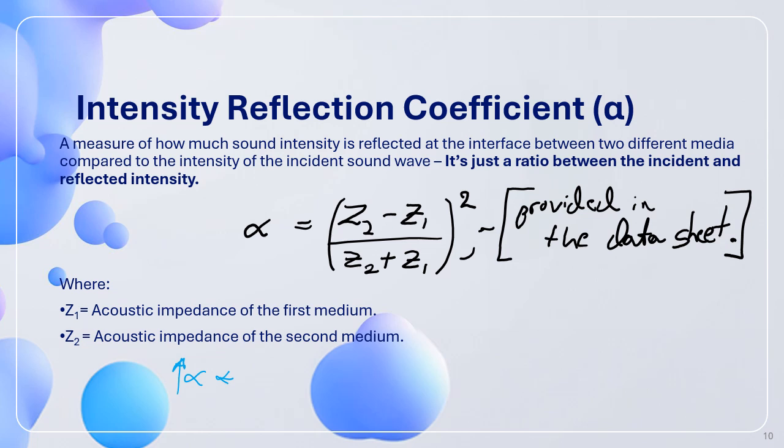It shows that most of the beam is going to be reflected off, and then a low value shows that most is transmitted through.